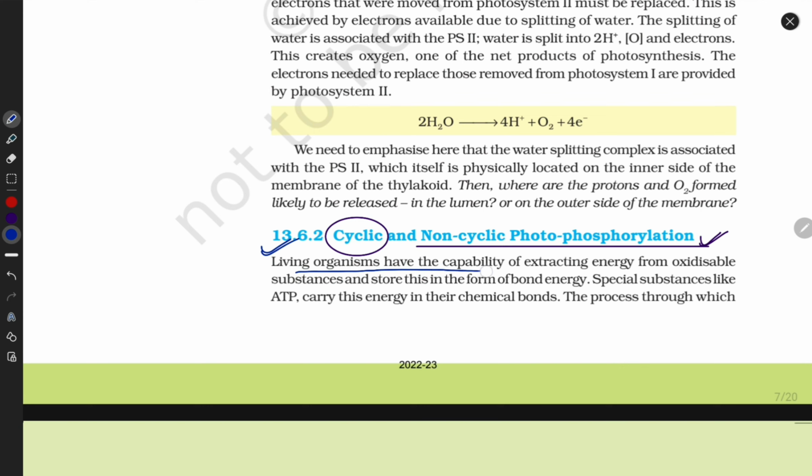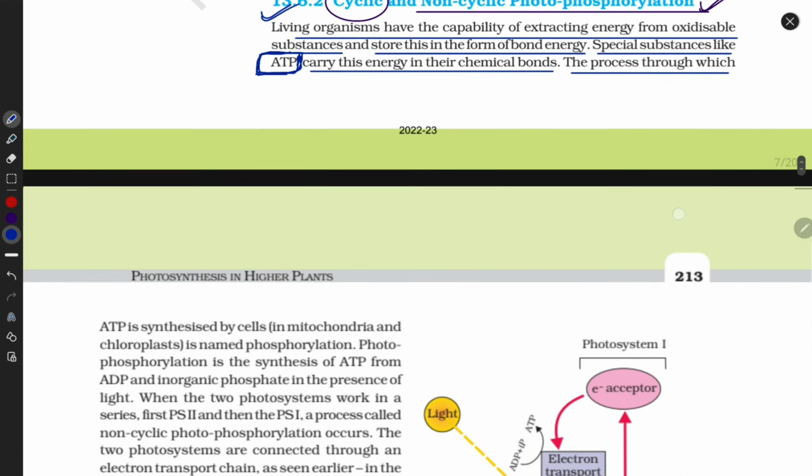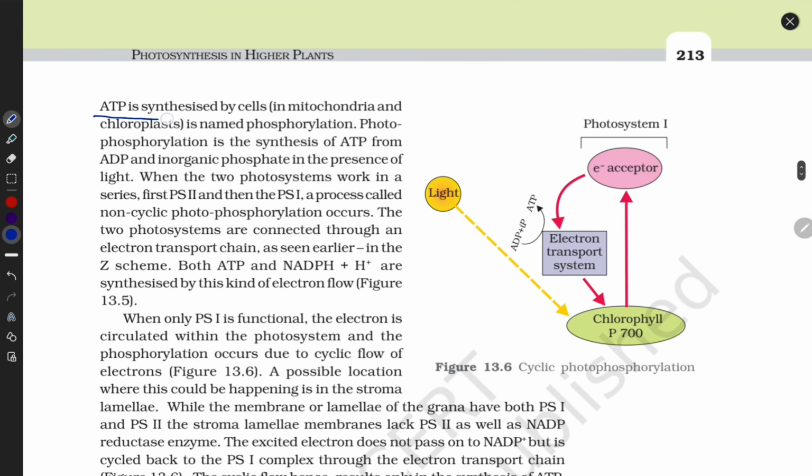Living organisms have the capability of extracting energy from oxidizable substances and storing this in the form of bond energy. Special substances like ATP carry this energy in their chemical bonds. Overall, they want to say that ATP is the molecule that carries energy. The process through which ATP is synthesized by the cell in mitochondria and chloroplast is named phosphorylation.